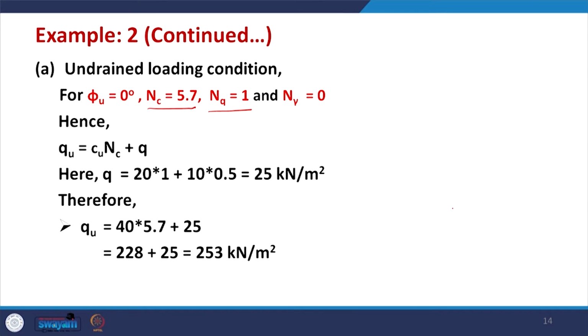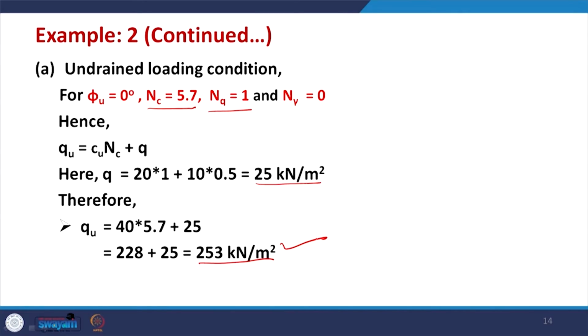Up to 1 meter you use the total unit weight, that is 20, but below the water table it will be submerged. So q will be 20 into 1 plus 10 into 0.5, so 25 kilonewton per meter square. Once we put all these numbers in, you get the value of qu equal to 253 kilonewton per meter square.